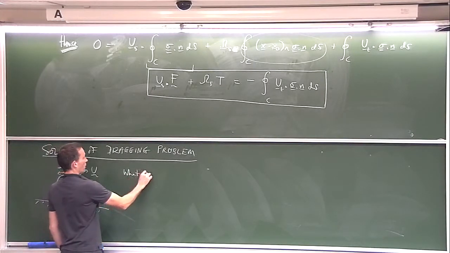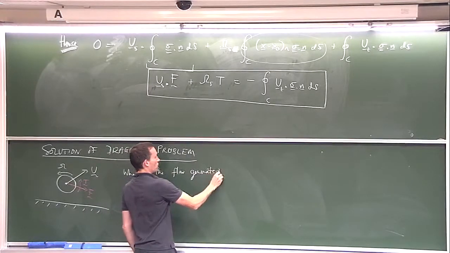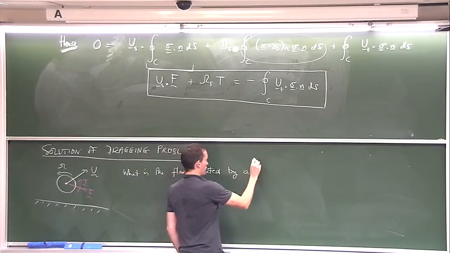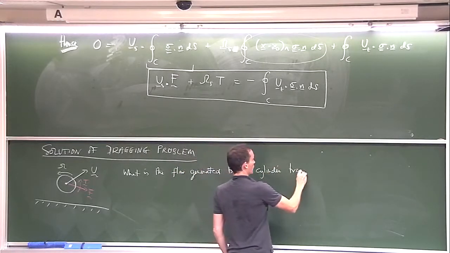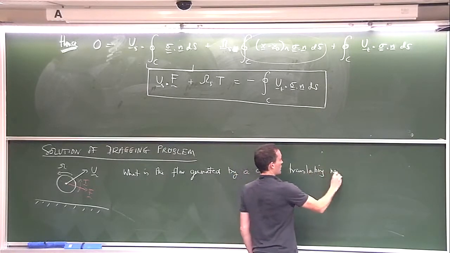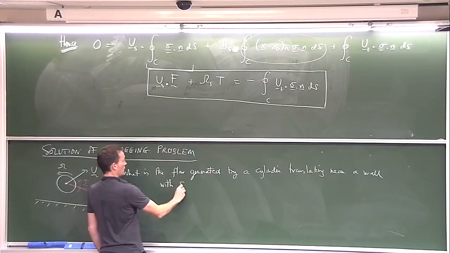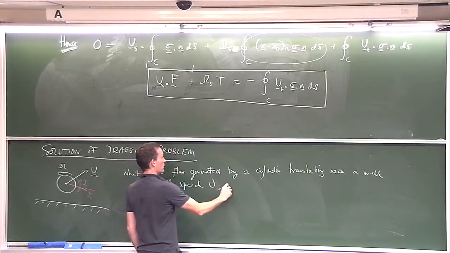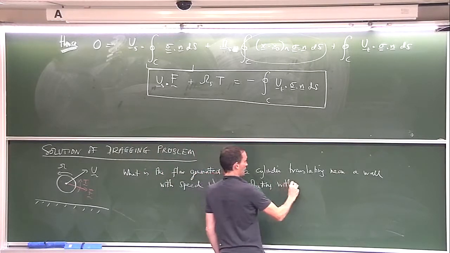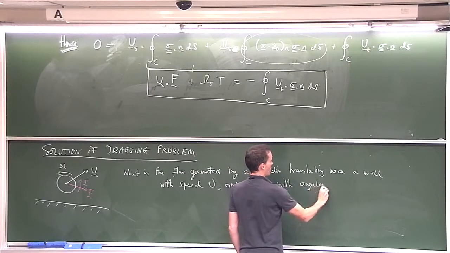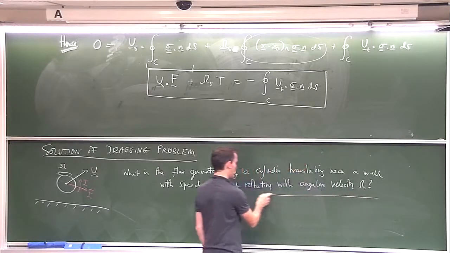So what is the flow generated by a cylinder translating near a wall with speed u and rotating with angular velocity omega? That's the question.